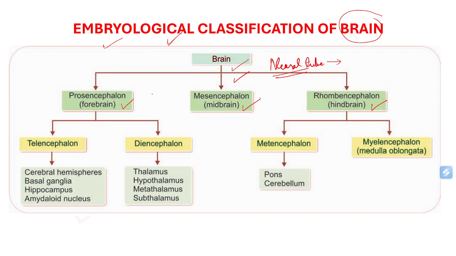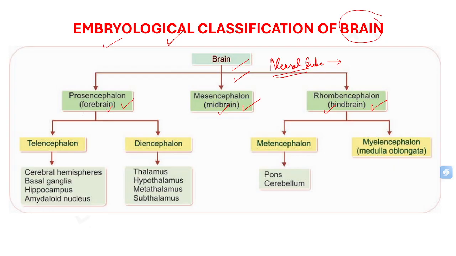So if we look at this particular classification, we can also comment that forebrain somewhere lies anteriorly in the skull cap or the skull box. The midbrain lies in the center of the skull, or hindbrain that lies at the posterior portion which is behind in the cranium.